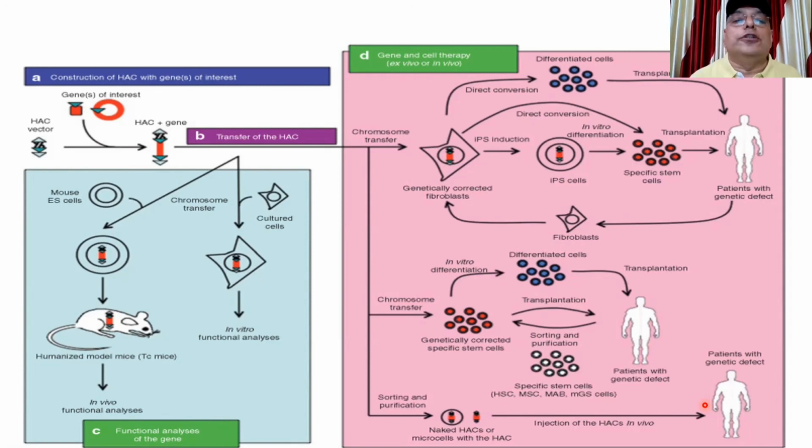They can deliver the gene inside the defective system and thereby rectify the system. That is, we can correct the genetic defect, and that's how we can treat genetic diseases. We have the potential to treat genetic diseases, and this system of treatment is called gene therapy.